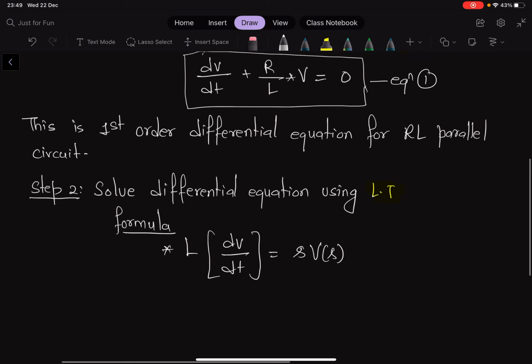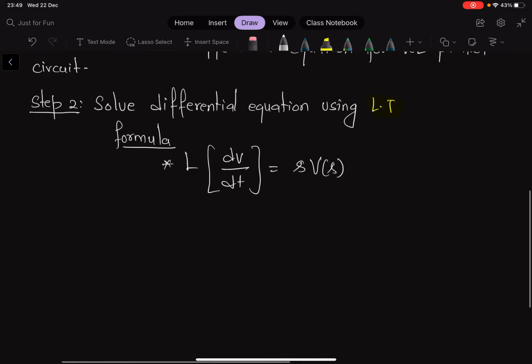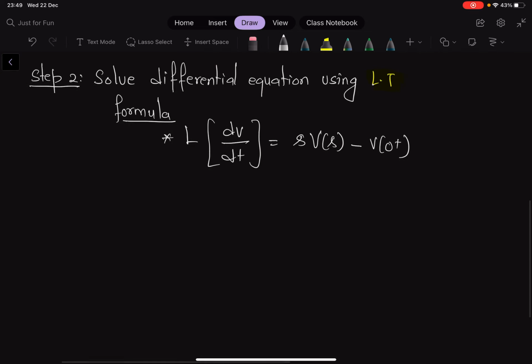This is our time domain v, which we got in the equation. So time domain is converted into frequency domain, means sV(s) minus the initial condition, which is v(0+). So once we have that, we can move on to the next formula.